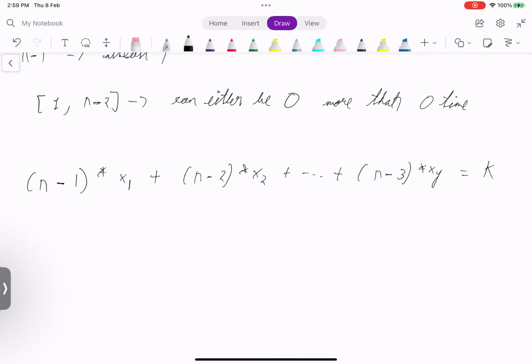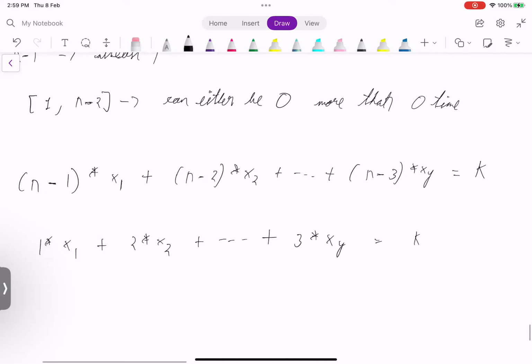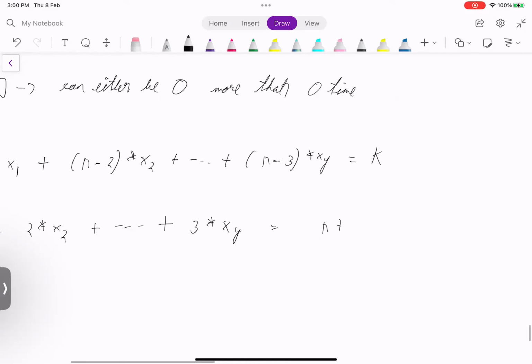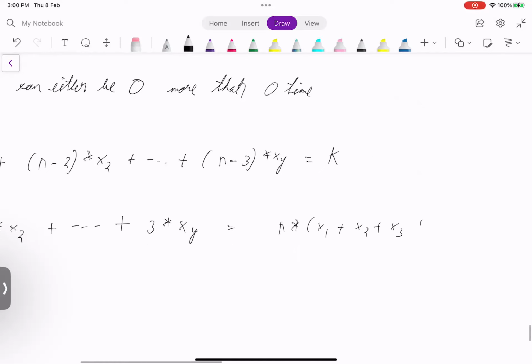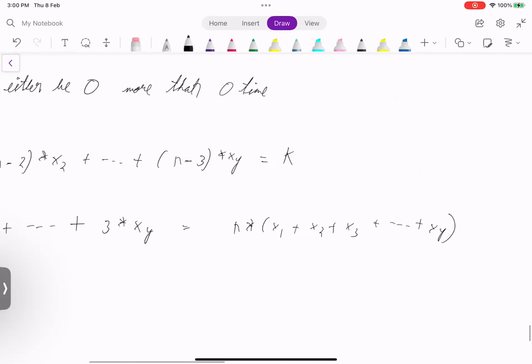So we can just write it as 1 into x1 plus 2 into x2 so on plus y into xy is equal to n into n minus 1 minus k.